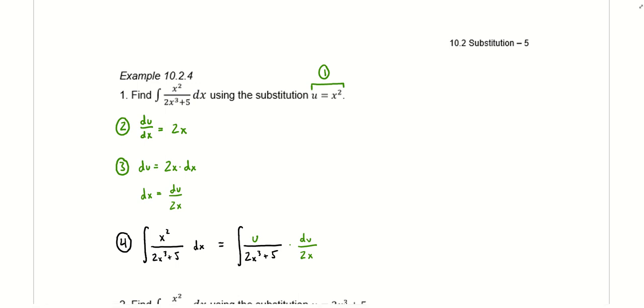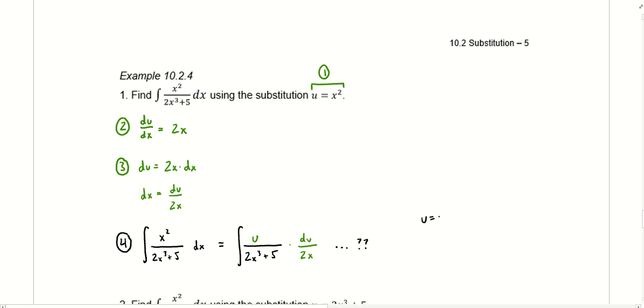Now, like I've mentioned, this is the point where we want to start seeing things simplify or cancel each other out. And if we look at what we've got here, I can't really cancel anything. There's nothing about this that looks simpler or easier to work with. And so here I'm like, what do I even do from this point? If you run into this sort of situation where you get to step 4 and you do your substitution and it doesn't look like anything's canceling or simplifying, that usually just means that the u you picked might not be the best choice.